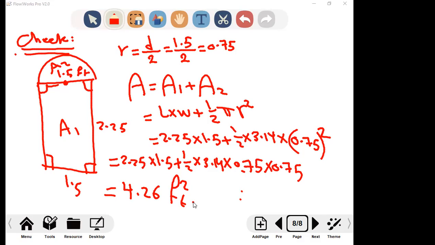Okay, let's talk seriously. If I brought easy numbers, there would be no need for a calculator. For example, in place of 1.5, I will make it 4, and in place of 2.25, I'll make it 3.47. It's the same. See? So with some numbers, no need to use the calculator.